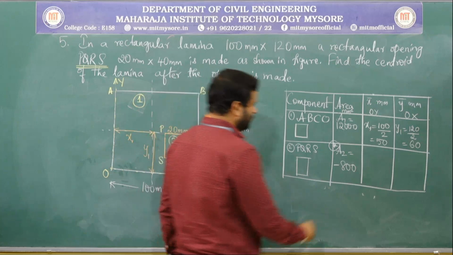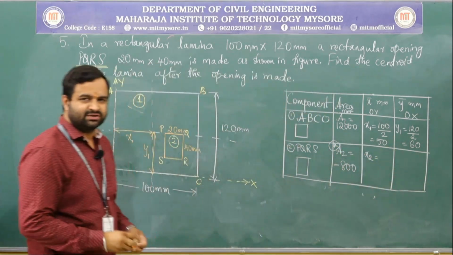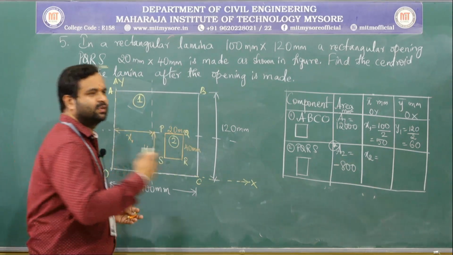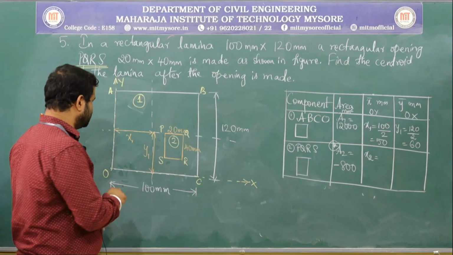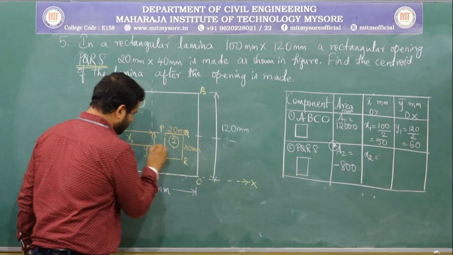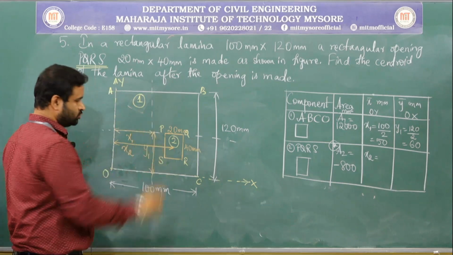And then what about x2? x2 is measured with respect to the OY axis. So, since x is measured towards right, the sign convention says it is treated as positive. So, till this point you need to measure, and that is taken as x2.